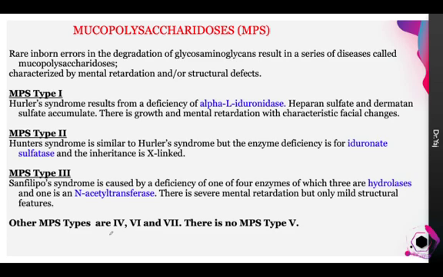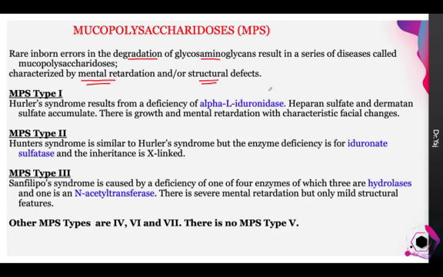We start with mucopolysaccharidosis. These are rare inborn errors where there is a problem in the degradation of glycosaminoglycans that result in a series of diseases called MPS. And the key aspect of these diseases is that they are associated with mental retardation and structural defects, and in most of the cases it is both.